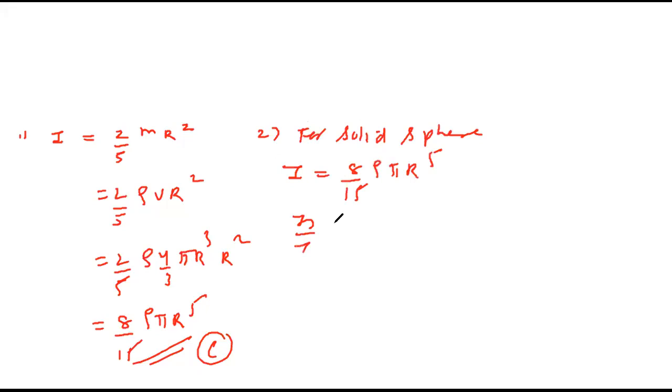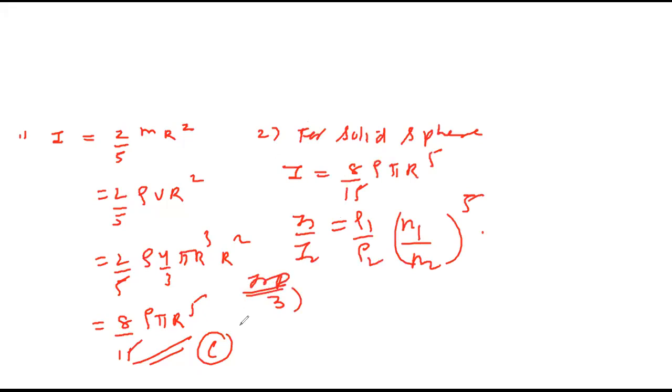So I1 upon I2 will be rho 1 upon rho 2 into R1 upon R2 raised to 5. First and second completed.